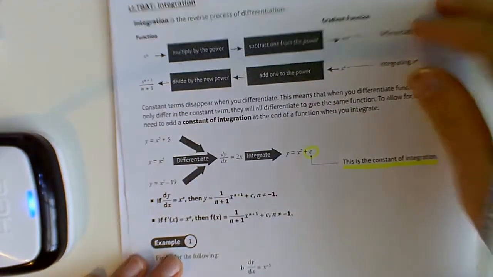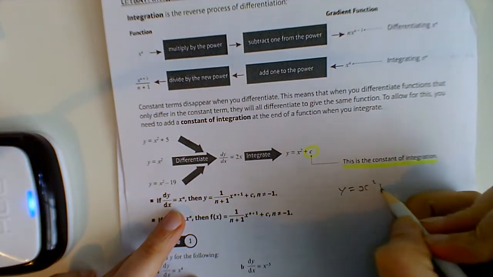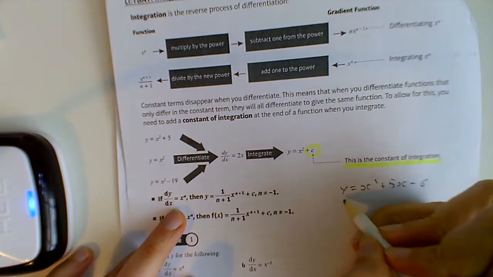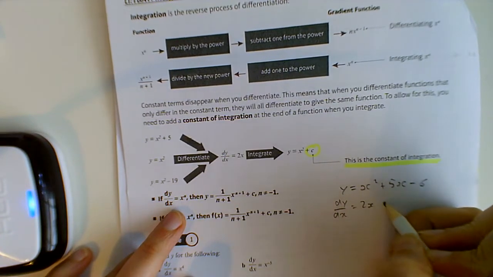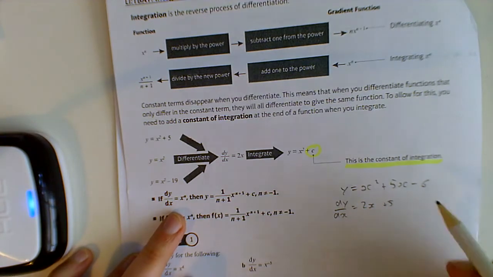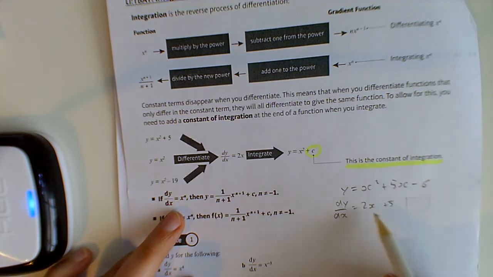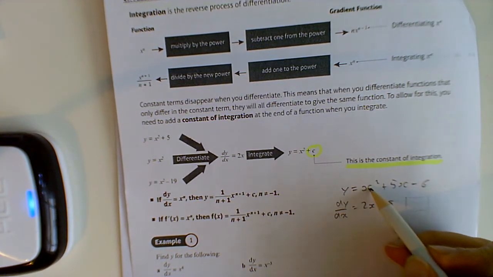Let's take the quadratic x squared plus 5x minus 6. If I differentiate that to get dy by dx equals 2x plus 5, that minus 6 effectively disappears, doesn't it? Which means that when I integrate this, integrating 2x will give me x squared.